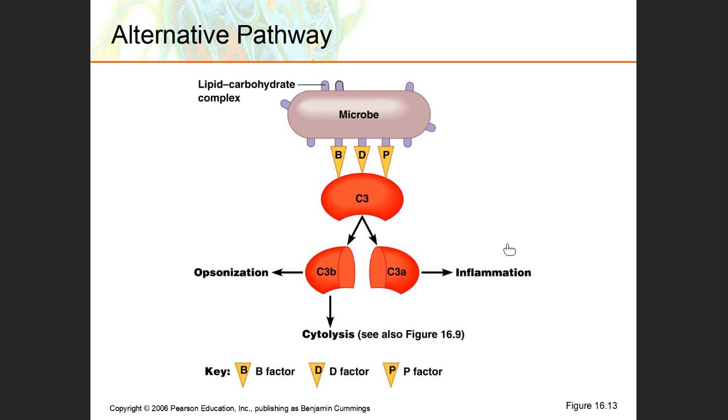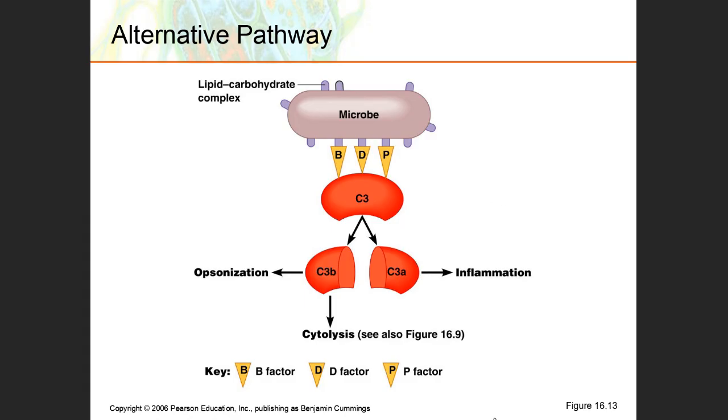The alternative pathway involves factors that are associated with the pathogen, which can activate complement, but the mechanism is different, as we see here. It's not the exact same mechanism, but the end result is the same, right? They end up poking holes through cell membranes.